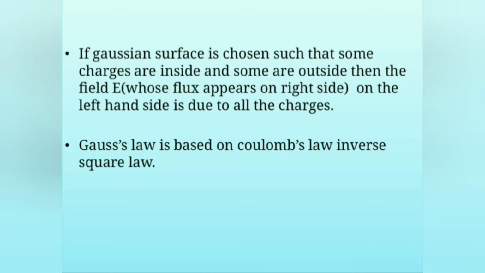Whereas the electric field on the left hand side, integral E dot dS, is due to all the charges, not only the charges inside the Gaussian surface. Again, electric field is due to all the charges, whereas Q is the charge which is only enclosed by the Gaussian surface.